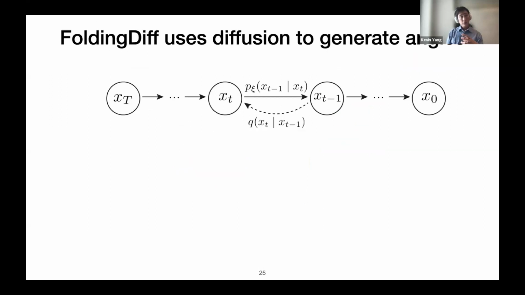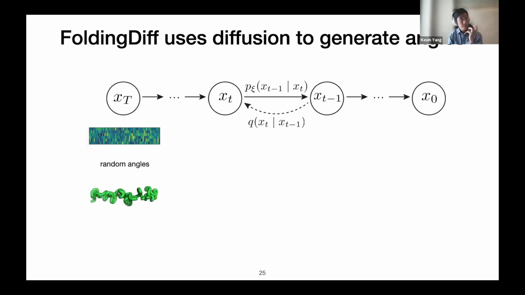And we're going to use a framework called denoising diffusion probabilistic models to generate backbone structures. The way diffusion models work is at generation time, you start from random noise, in this case, random angles, and you want to take away that noise step by step using the neural network to come up with realistic looking angles, which hopefully give you a realistic looking structure.